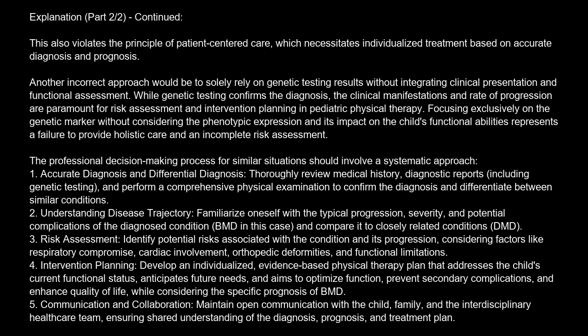Develop an individualized, evidence-based physical therapy plan that addresses the child's current functional status, anticipates future needs, and aims to optimize function, prevent secondary complications, and enhance quality of life, while considering the specific prognosis of BMD. 5. Communication and collaboration. Maintain open communication with the child, family, and the interdisciplinary healthcare team, ensuring shared understanding of the diagnosis, prognosis, and treatment plan.